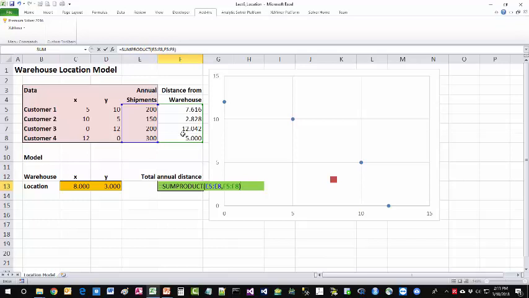And for this initial solution, we should get 5,856 weighted miles, or whatever. So the total distance, this number, we're hoping to minimize by changing the location of the warehouse, without any constraint other than the non-negativity one. So the Solver setup is extremely simple here.